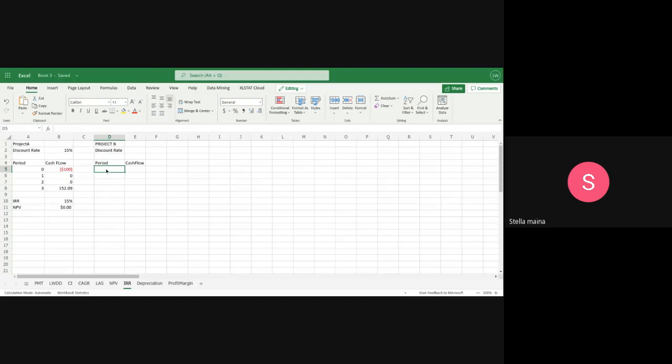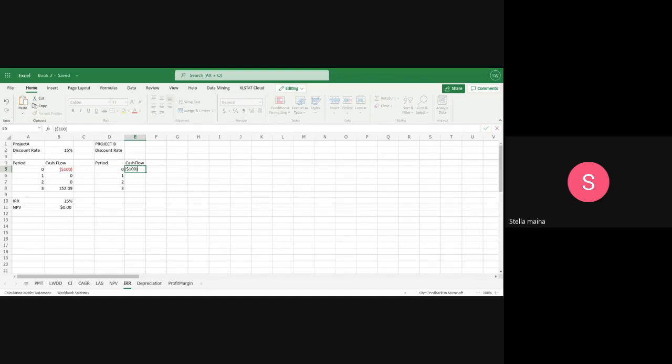So the first period of course will be 0. So let us have 3 more. And then our initial, according to the question, project B requires an initial investment of $100.